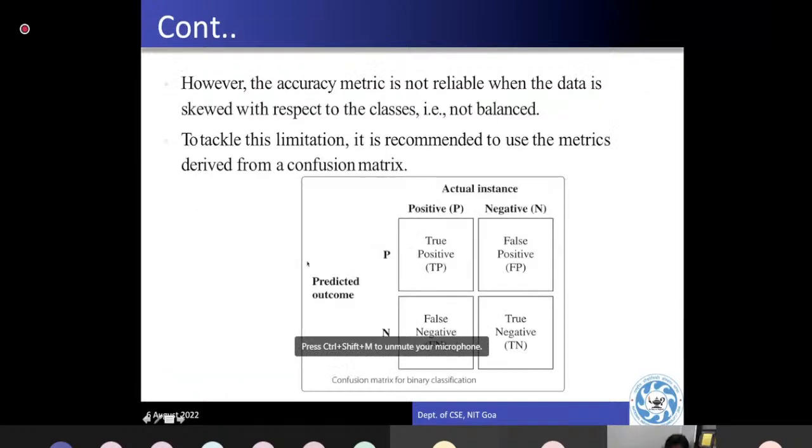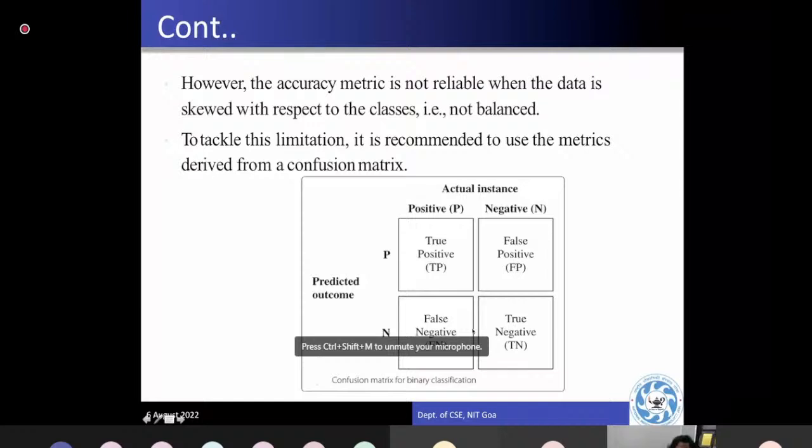Sometimes that is also not sufficient, if your data set is not fully balanced, we need the confusion matrix. So there are cases like false negative, true negative, true positive, false positive.